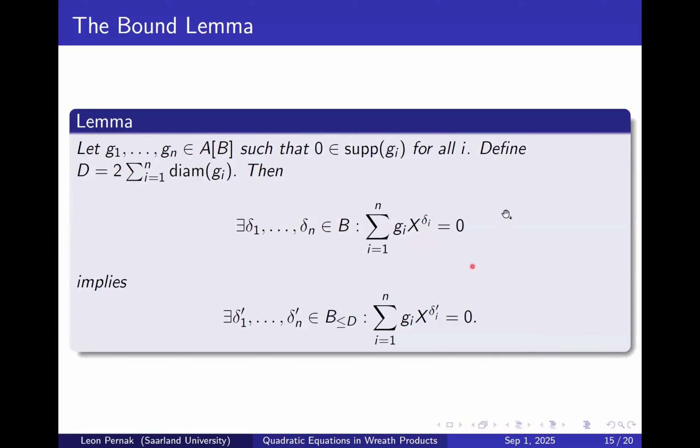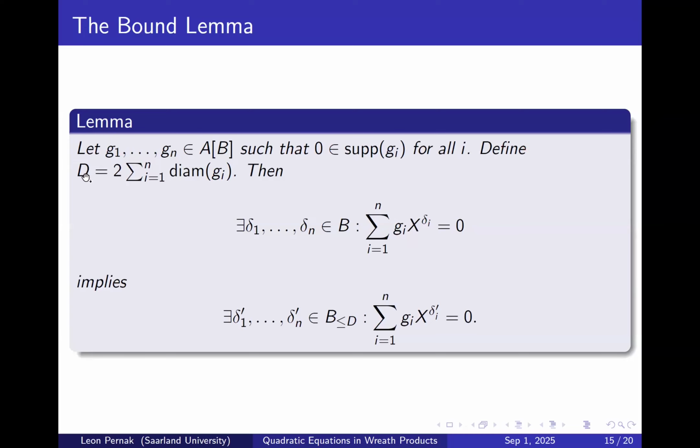So here I spell it out a little bit more clearly. You have a bunch of polynomials, formal sums, whatever. These are the g_i that come from the equation. And there's the technical assumption that they are already somewhat aligned at the origin, but that's not super important, so let's not talk about it any further.